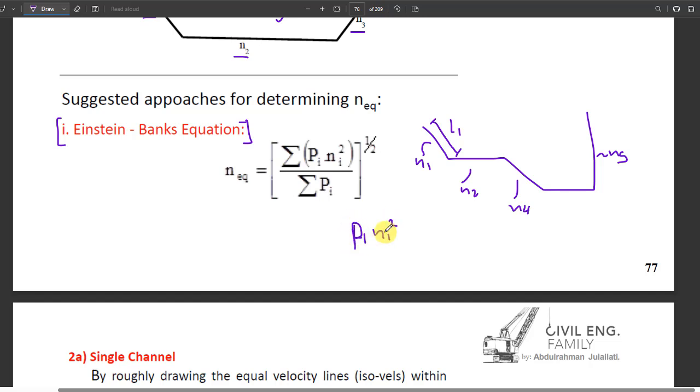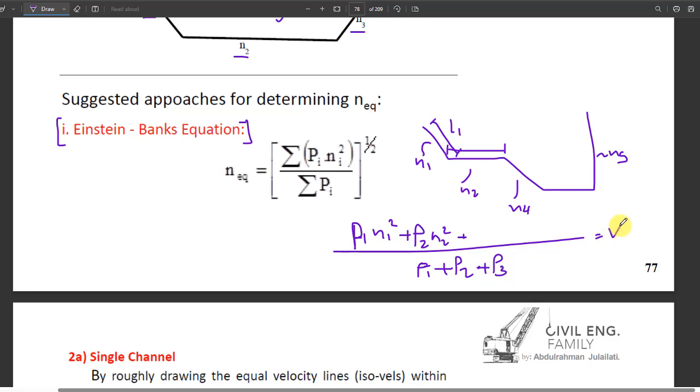Plus P2, this length, perimeter 2, times N2 squared, plus and so on, all divided by P1 plus P2 plus P3, and get the answer for n equivalent, which represents all the n's, all under the square root.